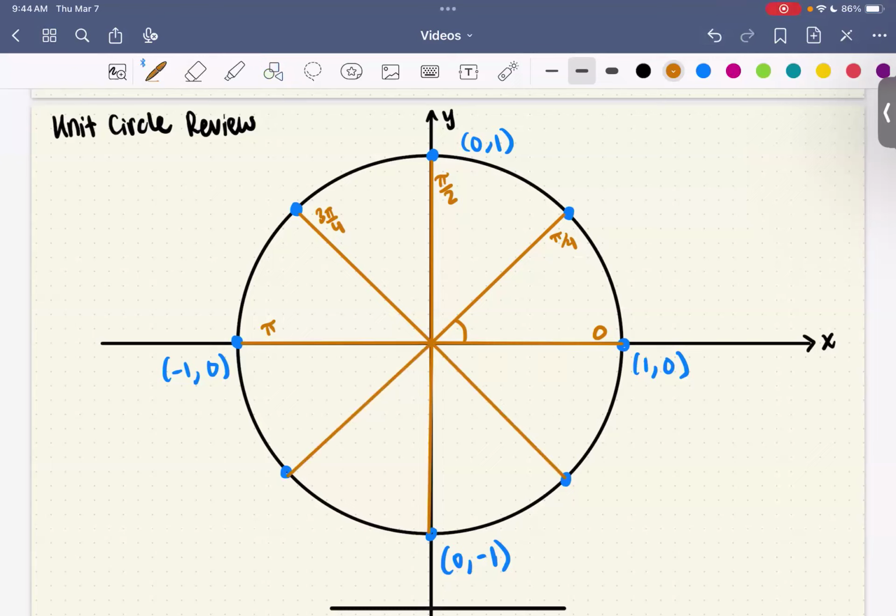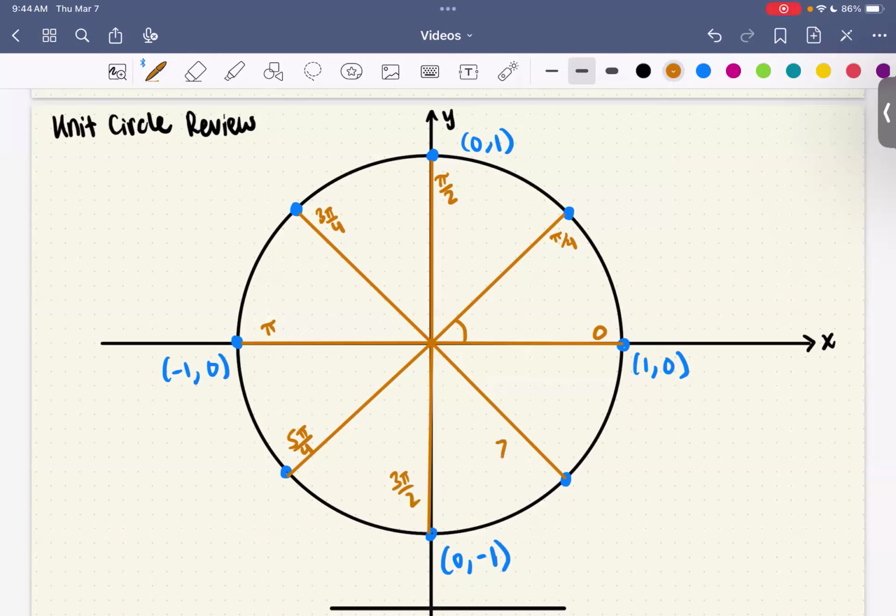Okay, and I just keep counting. When I draw the unit circle in my head, I keep counting the fourths at this point. So I have 1/4, 2/4, 3/4, 4/4, 5/4. So this is 5/4 of the pi. This would be 6/4, but 6/4 is equal to 3/2, so 3 pi/2.